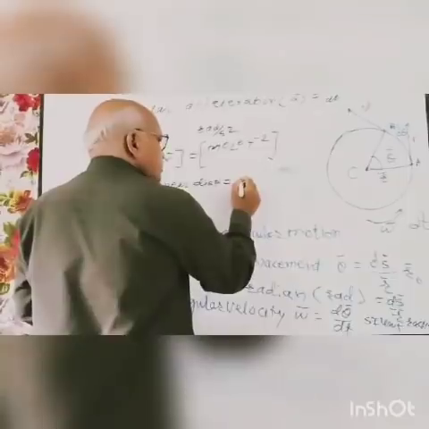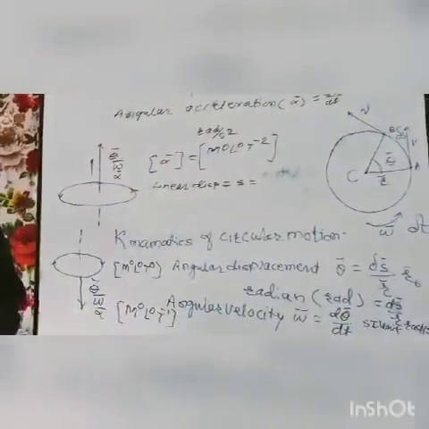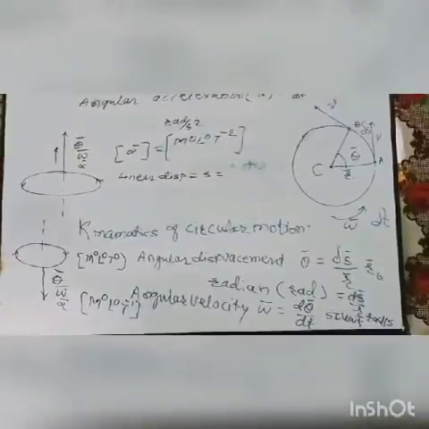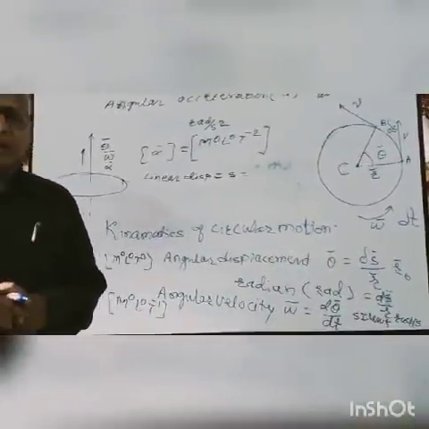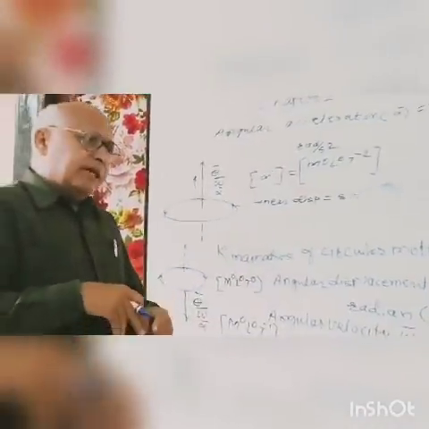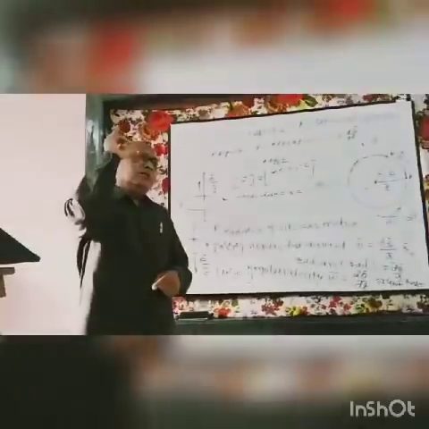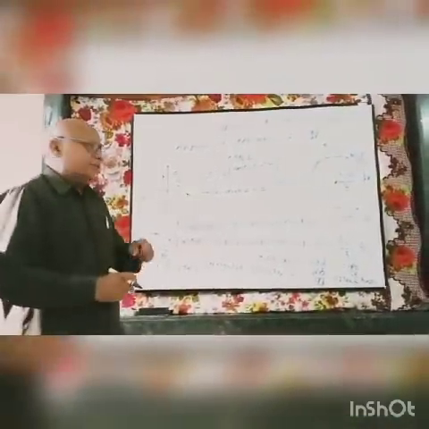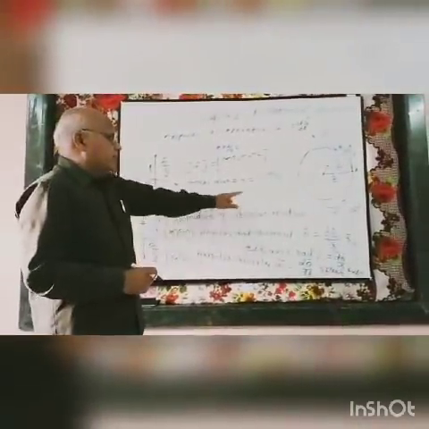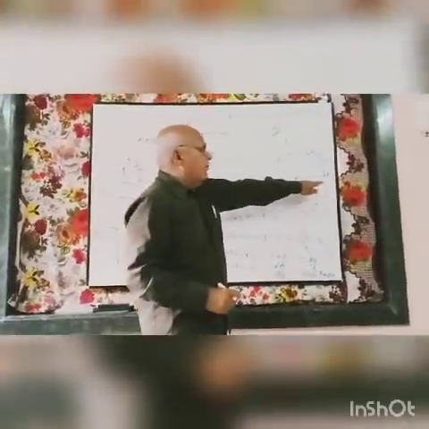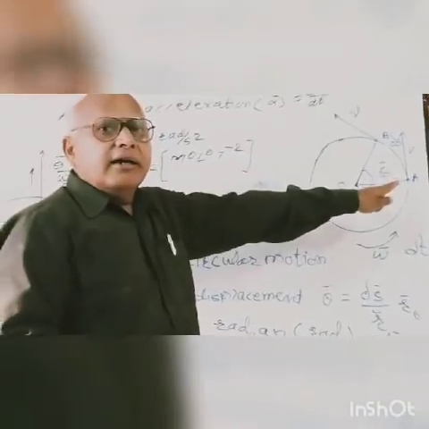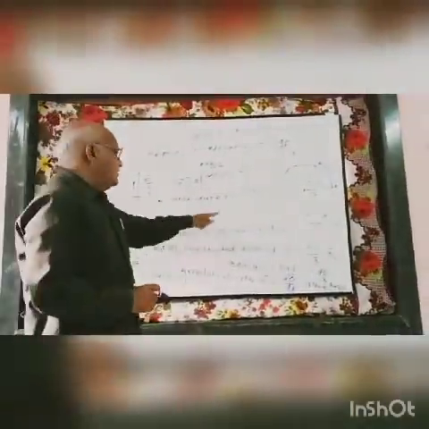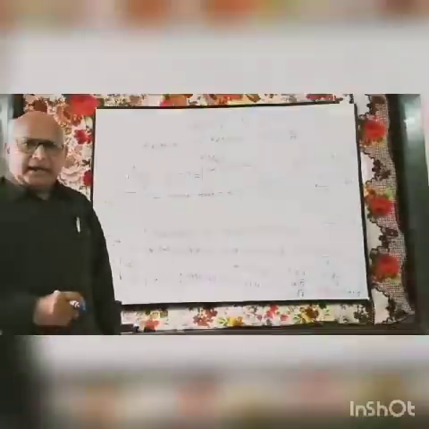This linear displacement is suppose S or X. There is some significance to denote this linear displacement by X, Y or S. When the object is moving along a linear direction along the x-axis, the displacement is denoted by X. When the object is moving exactly in a vertical direction, along the y-axis, the displacement is denoted by Y. But when the object is moving neither along the x-axis nor the y-axis, the displacement is denoted by S. And here, as the particle is moving along the circumference of the circle, that displacement is not along either the x-axis or y-axis, and that's why here we denote linear displacement by S.